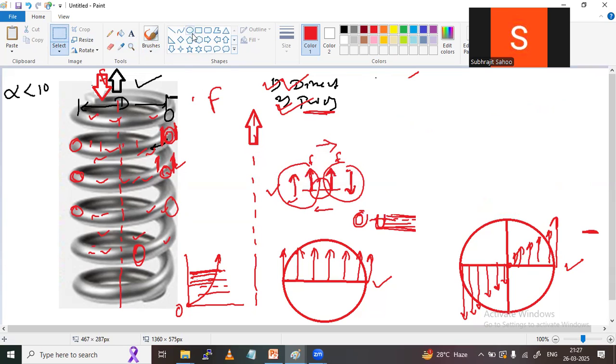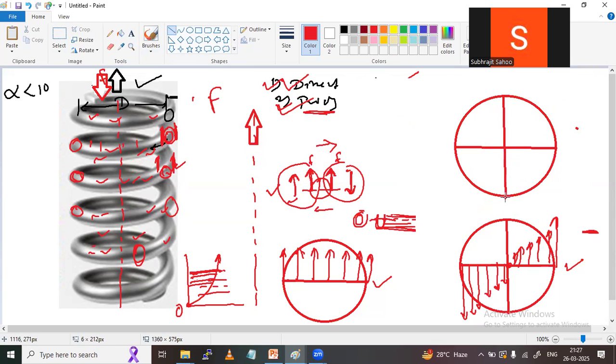Observe carefully. I'll draw that resultant diagram also. Let this be the circular cross section, and here this is the center axis. This is the inner edge, suppose inner, and this is the outer edge. Then what will happen? The inner edge, if it is suppose compression, this load line will come down, right?